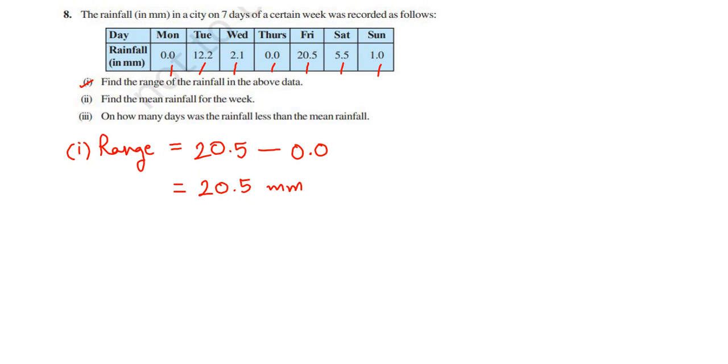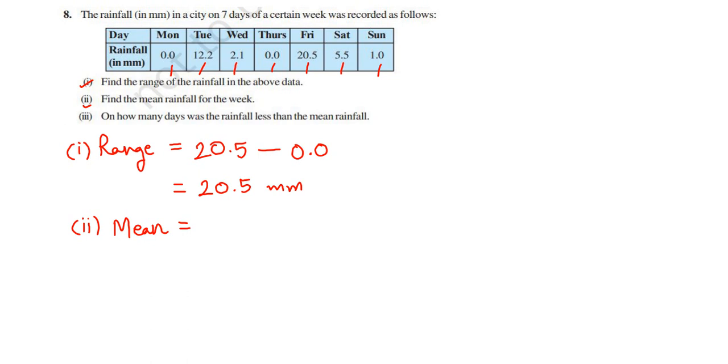In the second part, we need to find the mean rainfall for the week. So we are finding the mean, and we know the formula for mean is sum of observations divided by the number of observations.